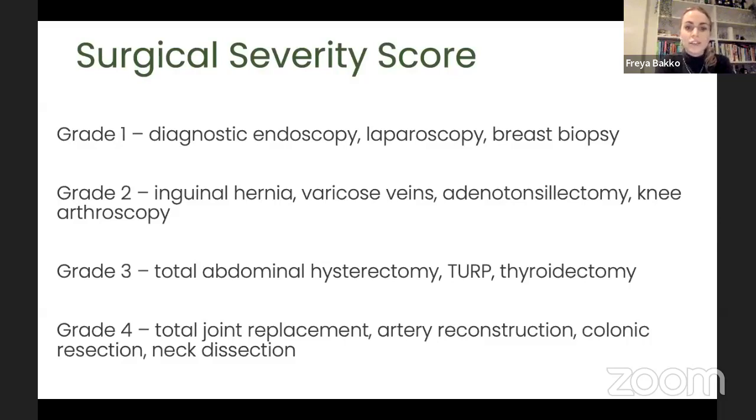Grade 3 includes things like hysterectomies, TURPs, and thyroidectomies. They're a bit more invasive surgery. And grade 4 are the surgeries that run the highest risk of morbidity and mortality, such as a total hip replacement or a TAVI, a AAA repair or a colonic resection.